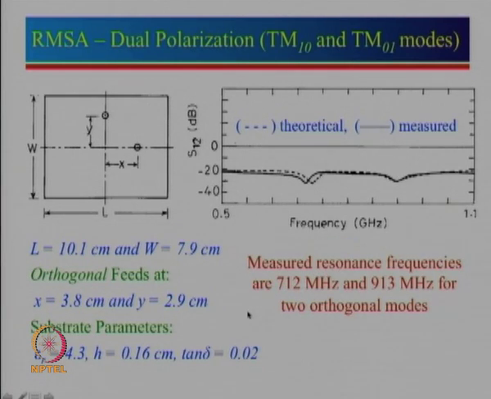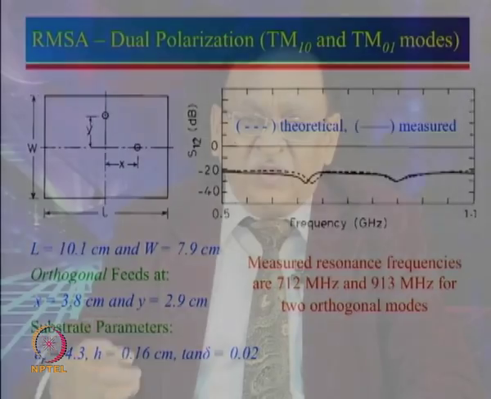Of course, just to mention, this can also be applied to a square patch, where L will be equal to W and the two resonances will merge into a single resonance. That would be a square patch with two orthogonal polarizations at exactly the same frequency. In fact, many MIMO antennas, which means multiple input multiple output, use horizontal and vertical polarization.